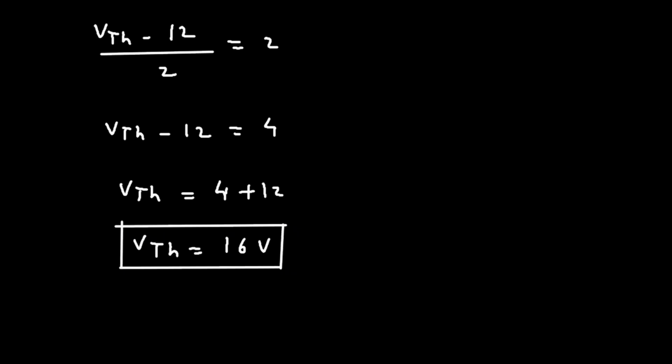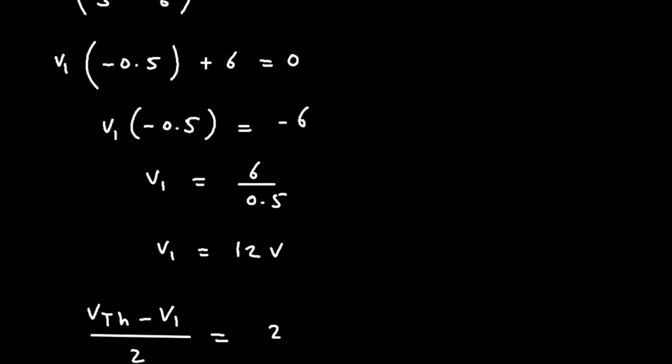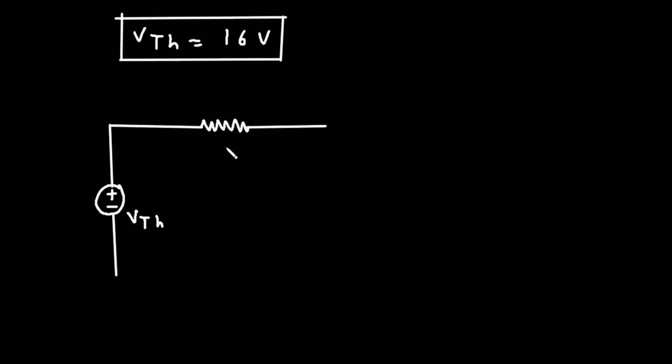Now we got the value of VTH and we also got the value of RTH. So now we can draw Thevenin equivalent circuit. So this is VTH. This is RTH.